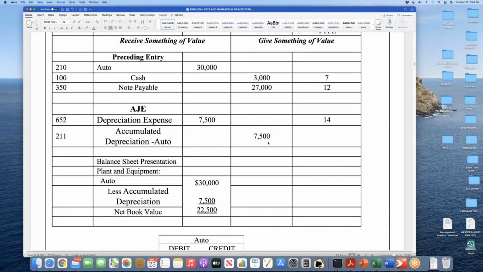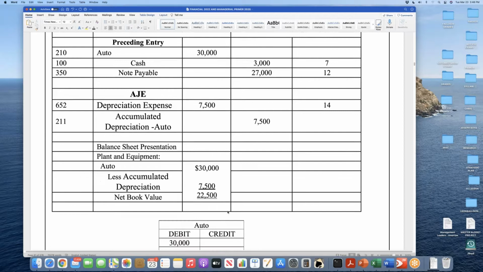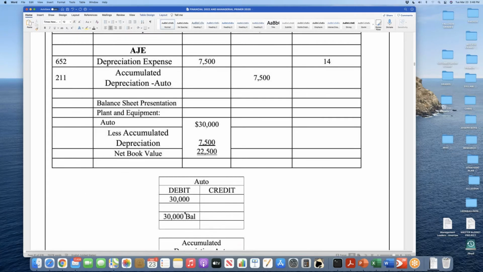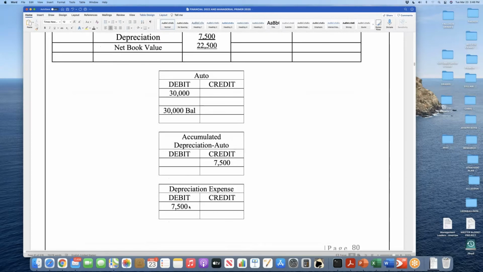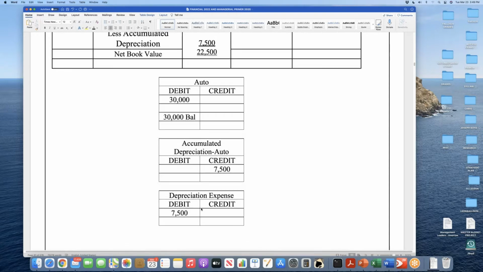It's going to be a contra asset account with a credit balance, and so we subtract it from the asset to get the net value of the asset. We keep the auto at 30,000. Every time we take depreciation, we credit accumulated depreciation and we debit depreciation expense. Depreciation expense is an income statement account.